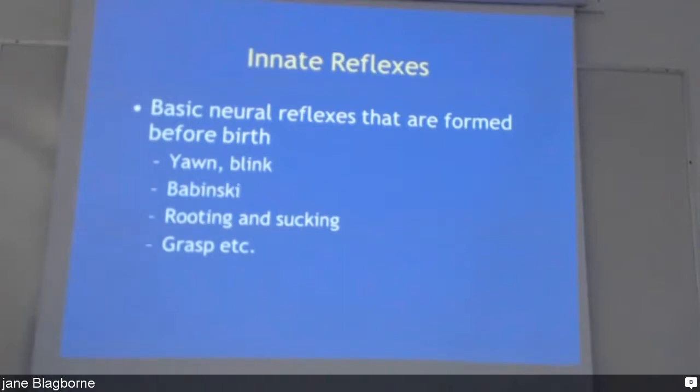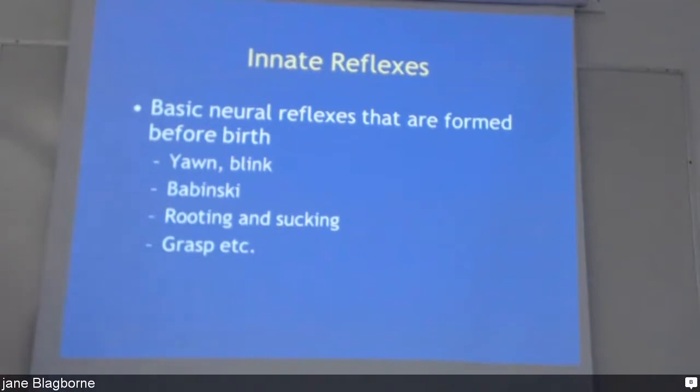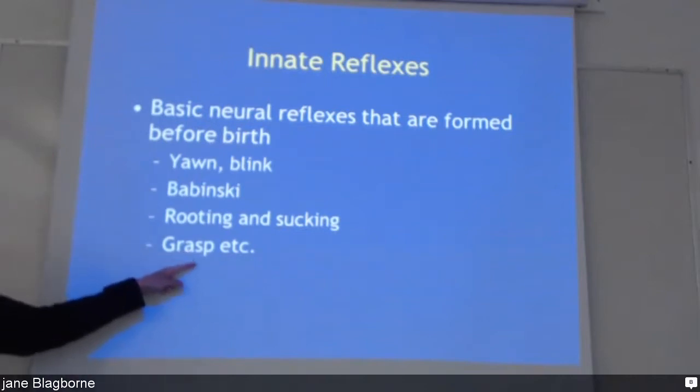So innate reflexes, like they say, are formed before birth. When your baby's born, the baby already knows how to root, it knows how to suckle, it has a grasp reflex. I don't know if you remember when you put your finger into your baby's hand when it was born, it would hold on tight.